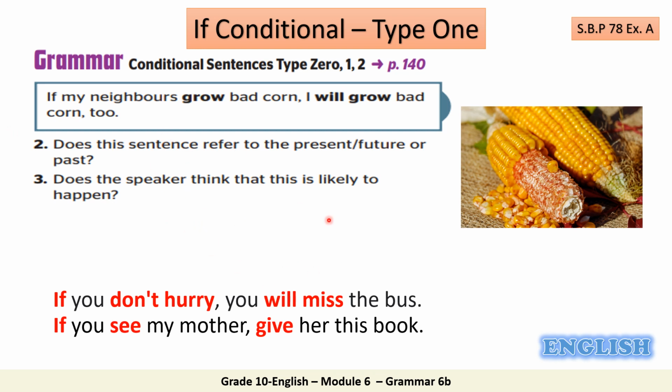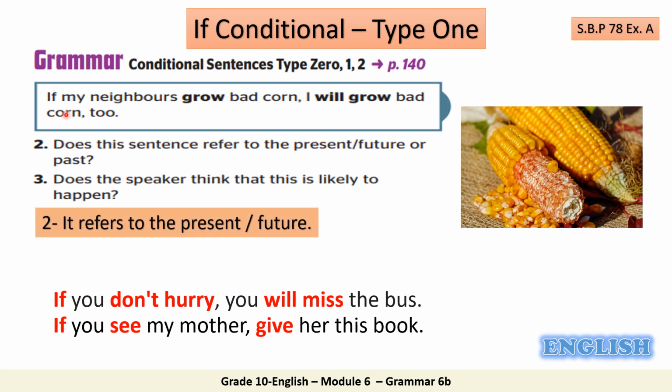Welcome back. Let's answer these two questions together. Does this sentence refer to the present or future or past? Let's see. It refers to the present future. If my neighbors grow bad corn, I will grow bad corn too.